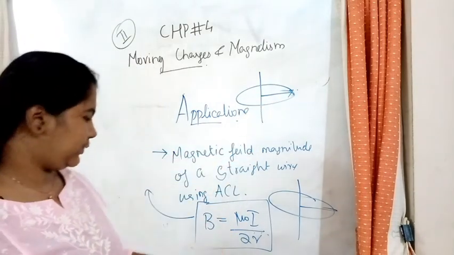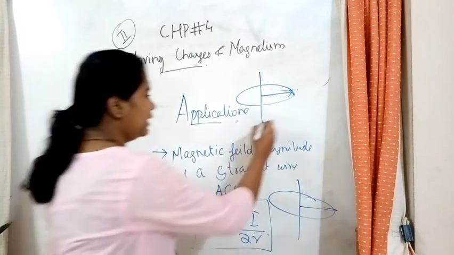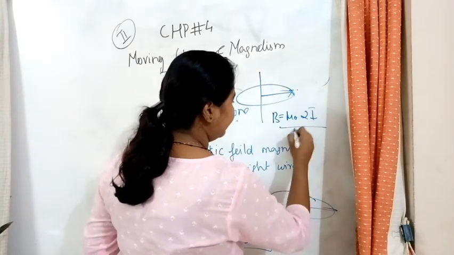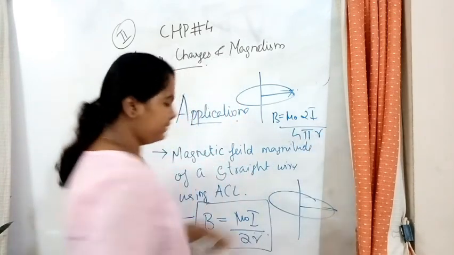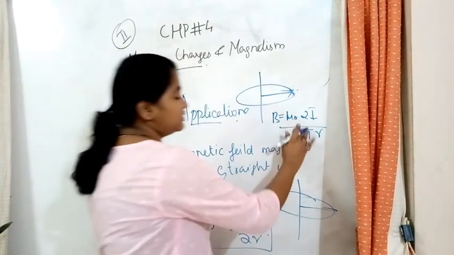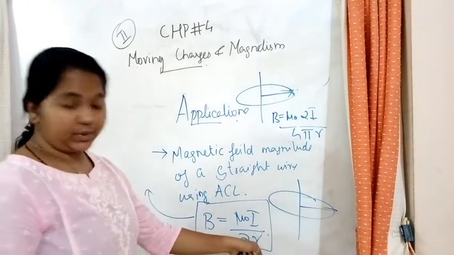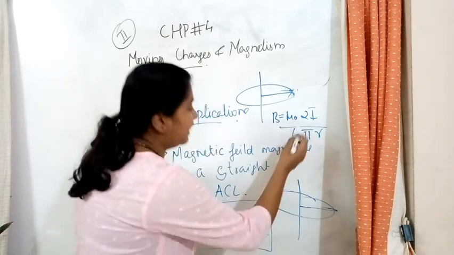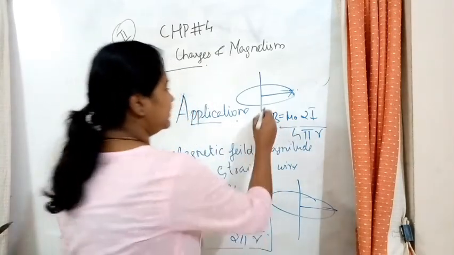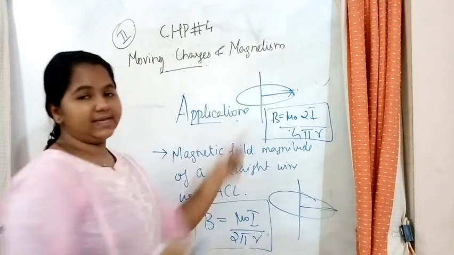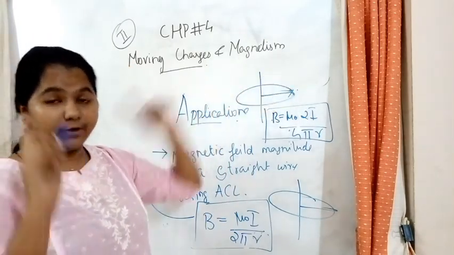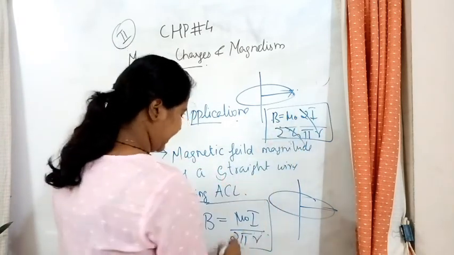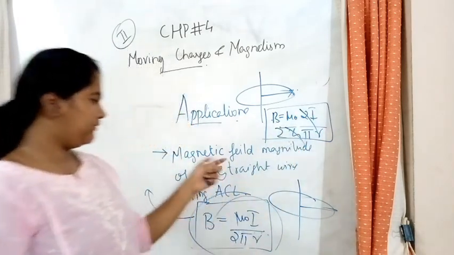For that also the equation was like this, but we wrote it as B is equal to mu 0 2I divided by 4 pi r. Sorry, there is a pi: it's 2 pi r here, and over here it's 4 pi r. This was our equation when we took it for Biot-Savart's law. If you cancel this out, you will get the same equation. Am I right? So this is the first application.